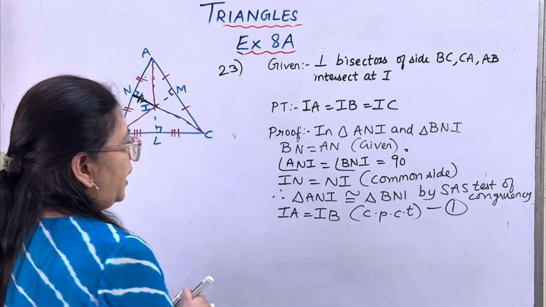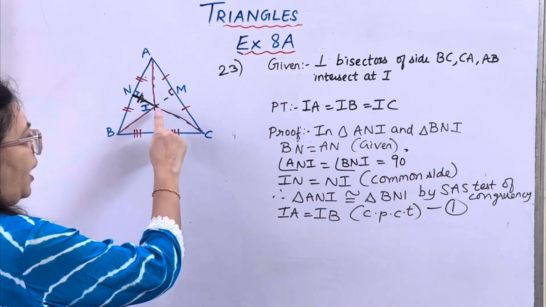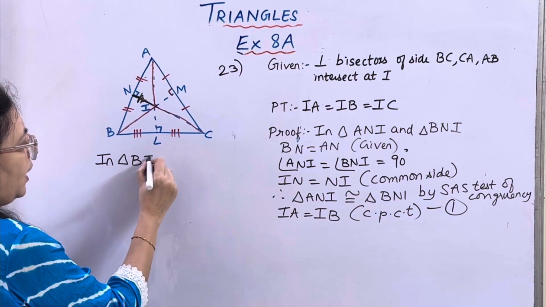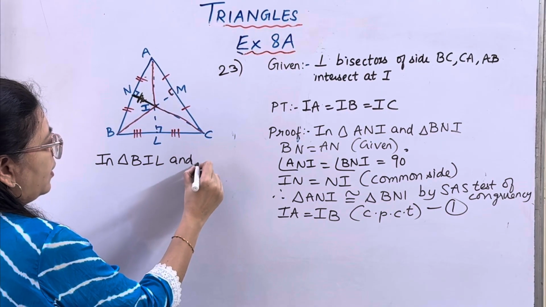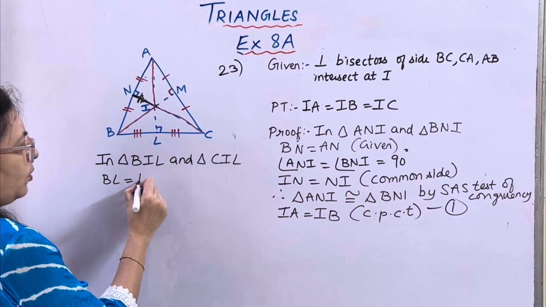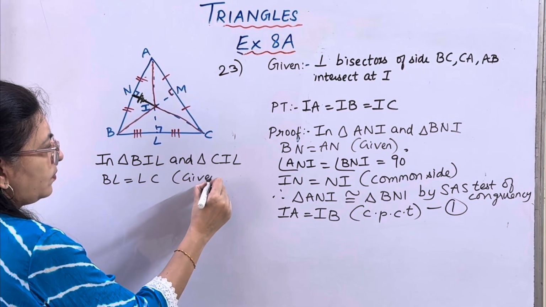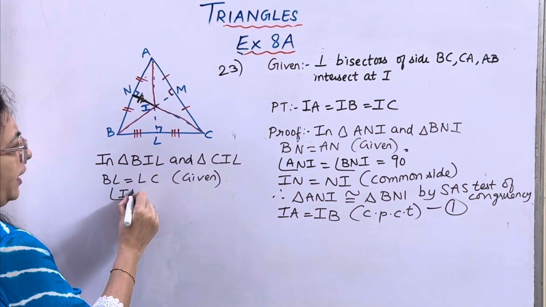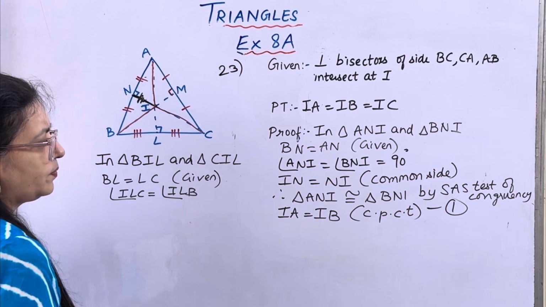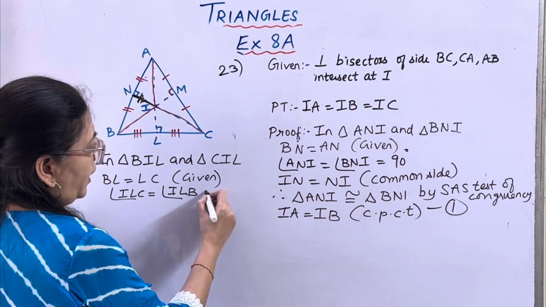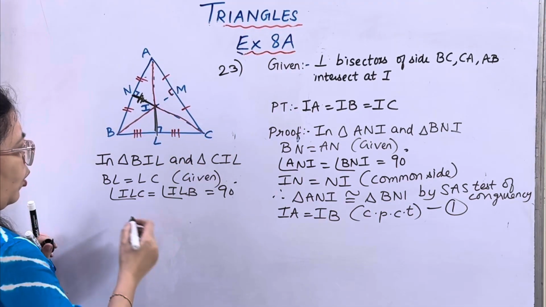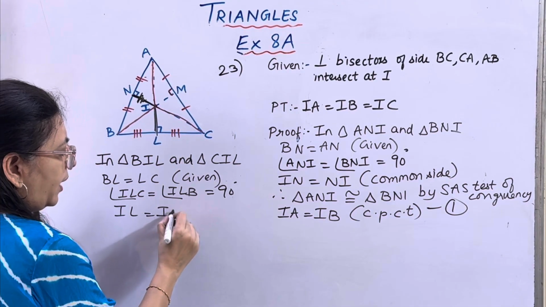Now second part. In the second part, I will prove that IB is equal to IC. So you will take triangle BIL and triangle CIL. BL is equal to LC. This is given. Then angle ILC is equal to angle ILB, correct? 90 degrees. Same way over here. This side is common. IL is equal to IL, common side.